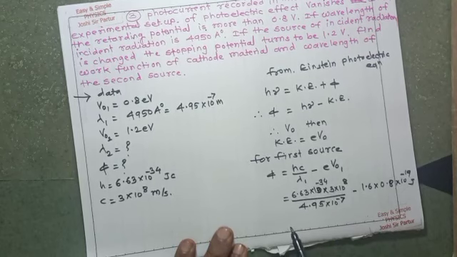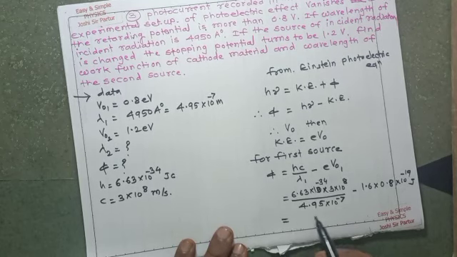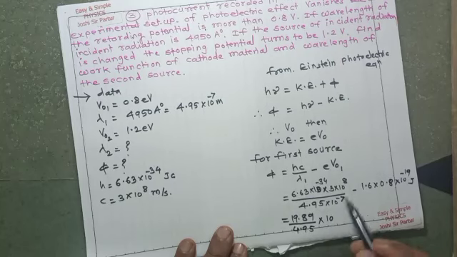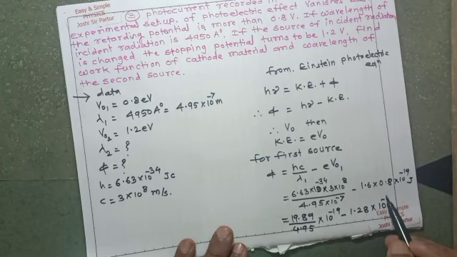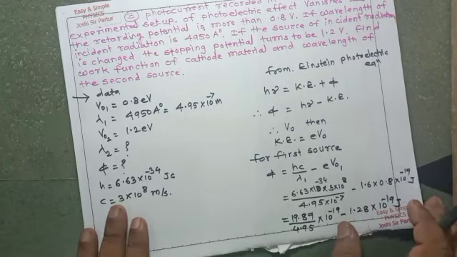So what happened? That is 3 3s are 9, 18, 19.89 upon 4.95 into 10 to the power minus 19, minus 1.6 times 0.8, 16 8s are 128, that is 1.28 into 10 to the power minus 19 joule.